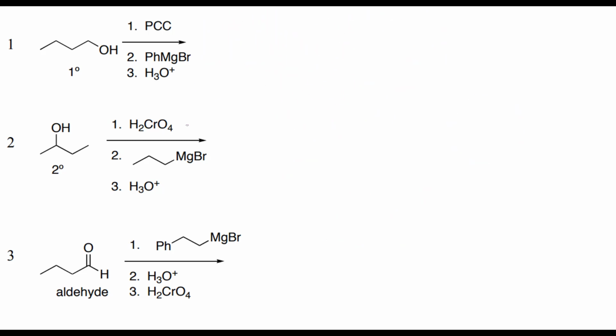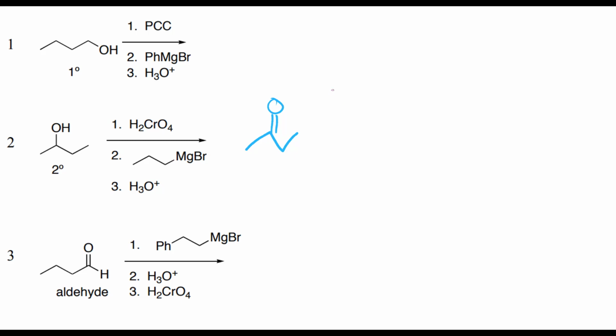Okay. We have chromic acid on a secondary alcohol. So what should I be expecting? I should be expecting a ketone. Okay. So right here we have a ketone. And then we're treating it with an organometallic compound, or just a Grignard reagent. Okay.